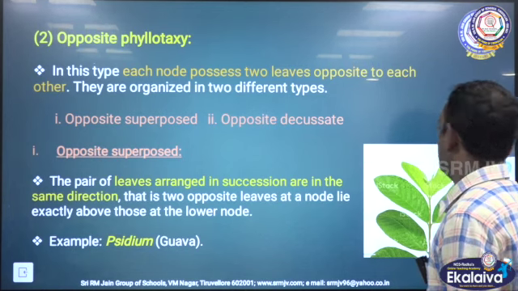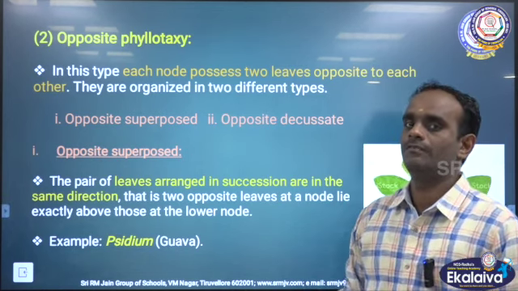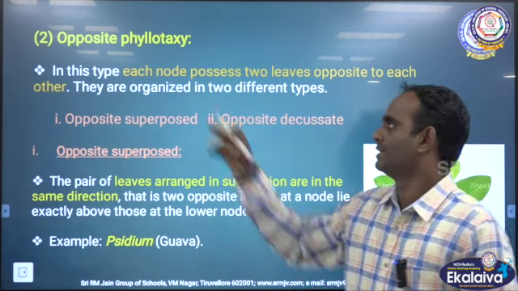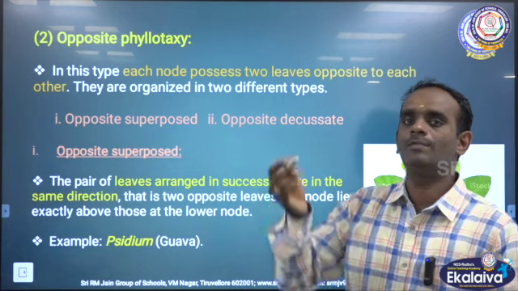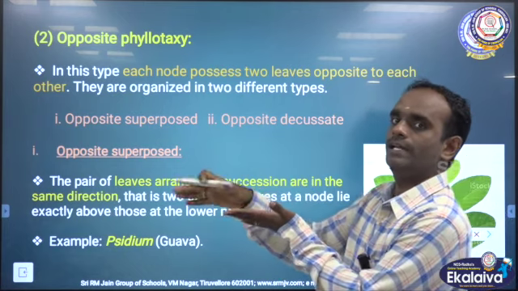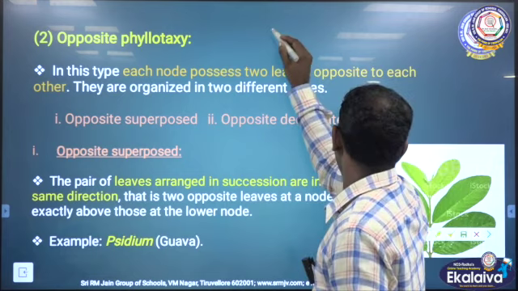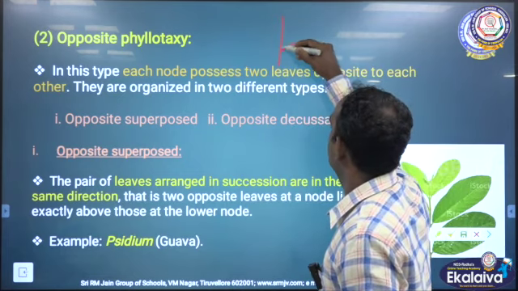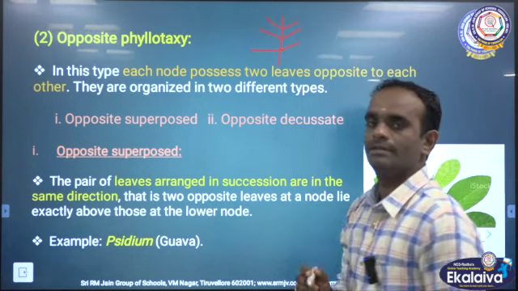Next we move on to opposite phyllotaxy, second type of phyllotaxy. First one alternate over, second one is opposite. So the name itself you can easily understand. Opposite, one leaf looking this side and another leaf looking other side. See here, like this arrangement. Okay.